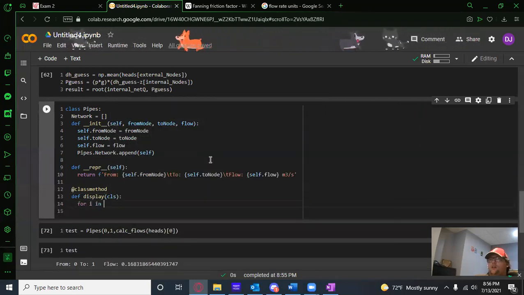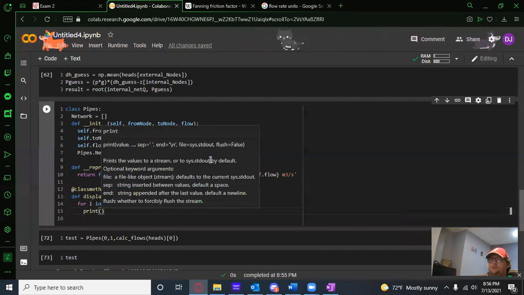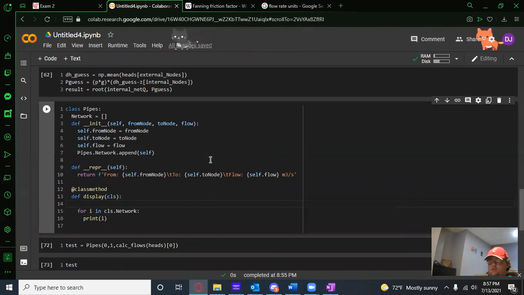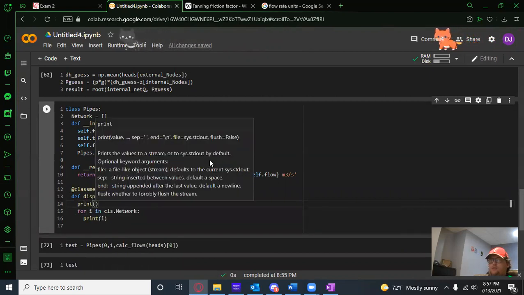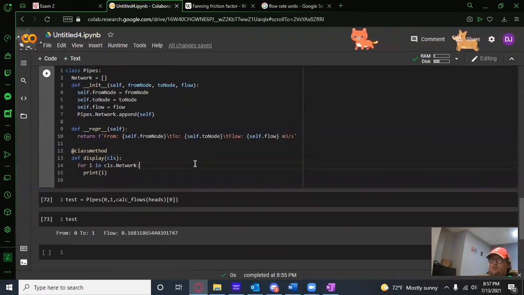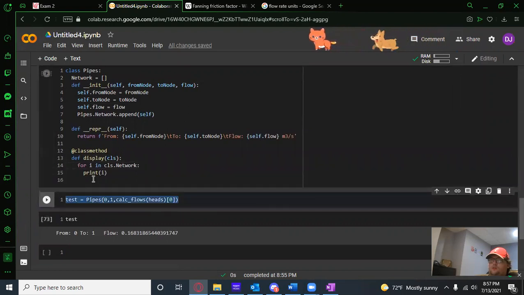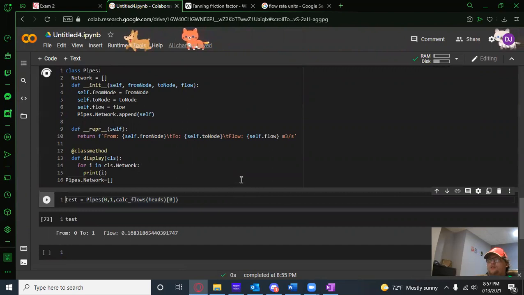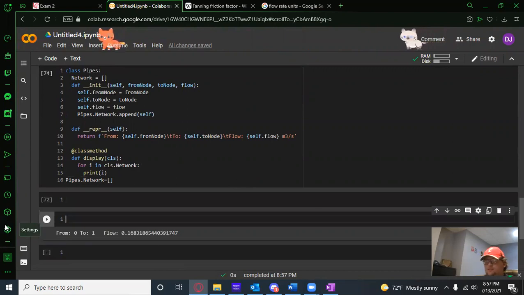We're going to do for i in cls.network, and i. So just to make things easier, I'm going to reset the pipes.network every time I redefine it. That way, if anything happens, it won't continually add to the network.